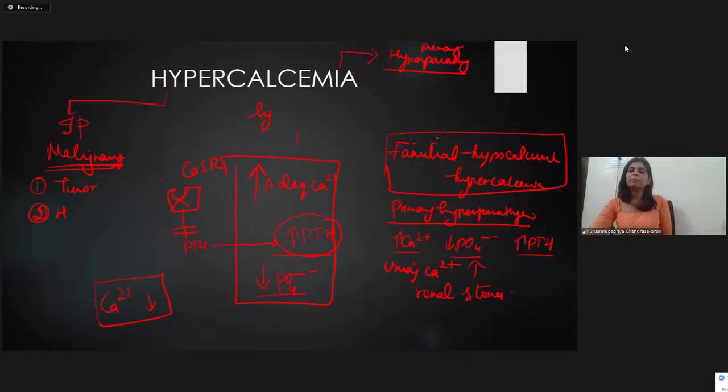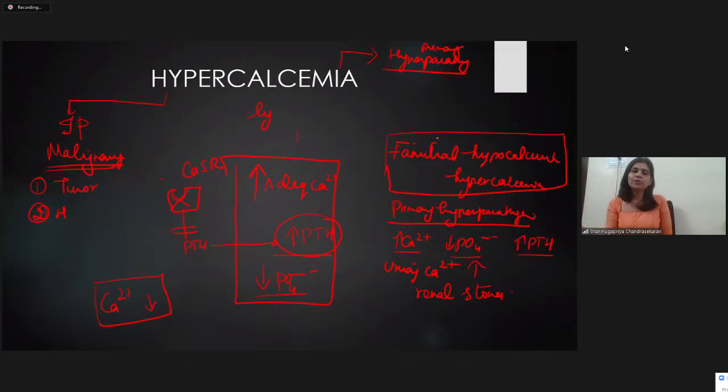So if you see an asymptomatic hypercalcemic patient, you think primary hyperparathyroidism as a cause because you find high calcium, low phosphate, and high PTH. Do not immediately brand it as a case of primary hyperparathyroidism. Do not start looking for a parathyroid hyperplasia or parathyroid adenoma, and do not start planning for parathyroidectomy, because it can even be a familial hypocalciuric hypercalcemia, as both have similar biochemical findings.